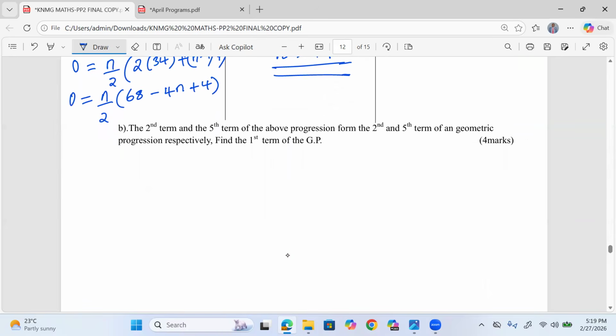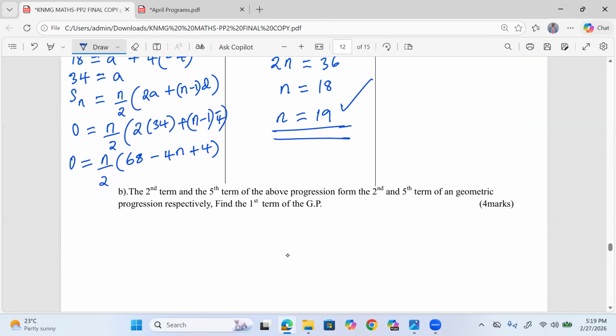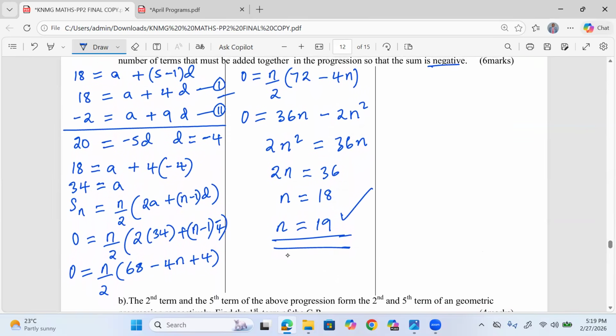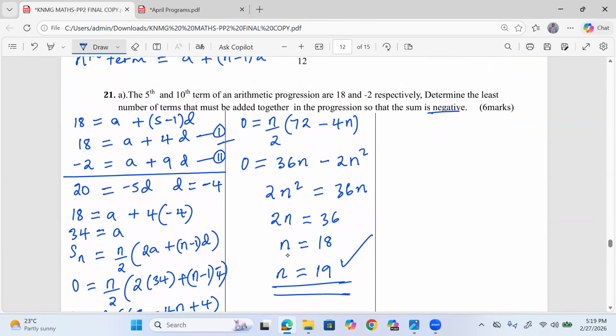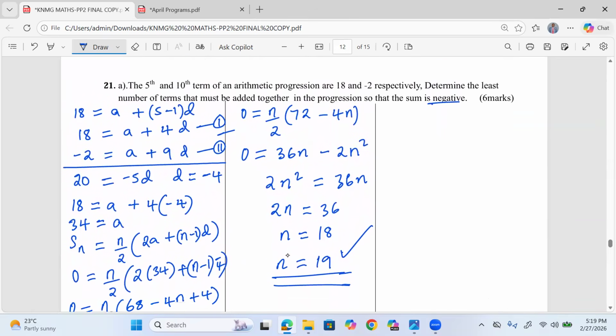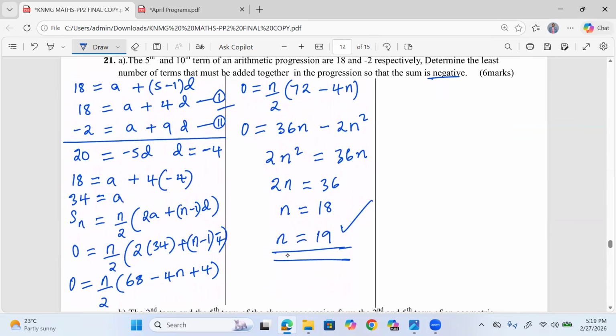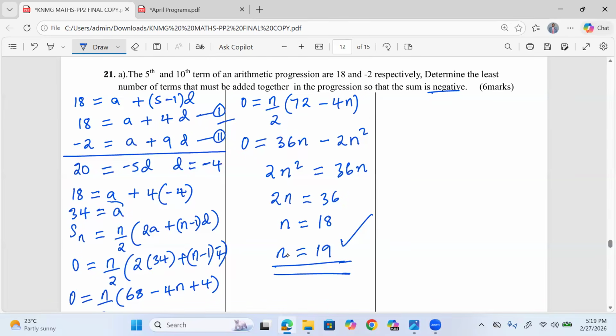Part B of this, let's check part B. The second term and the fifth term of the above progression, the one we've discussed, with a first term of 34 and a common difference of negative 4, arithmetic.